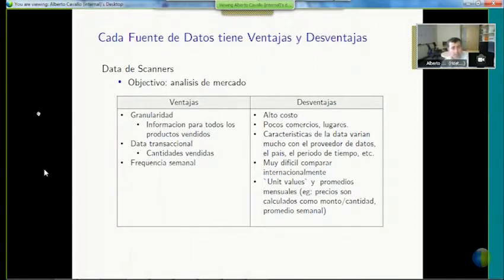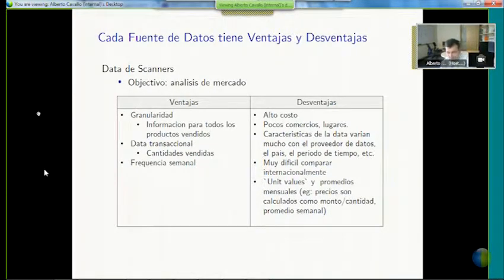The characteristics of the data vary depending on the country and the supplier and the time period being used. So it's hard to compare internationally, because the price indicator is a barcode that is defined regionally. The main issue is that they report unit values, where the price is calculated according to the amount sold divided by the units sold.